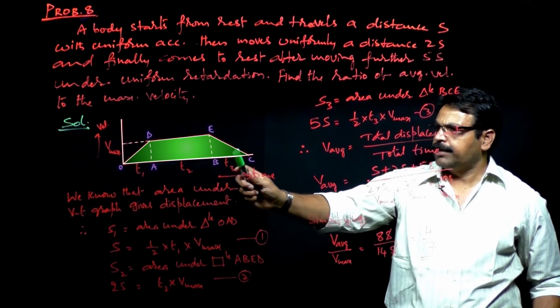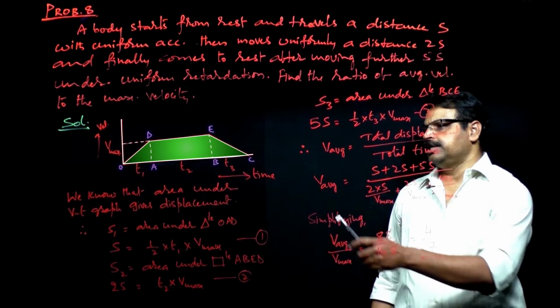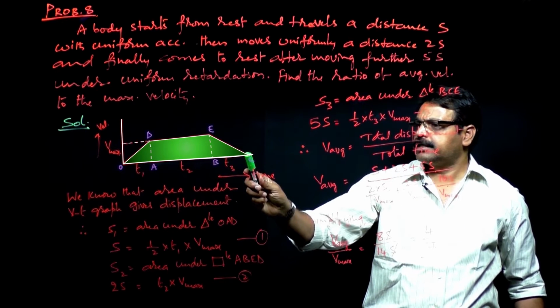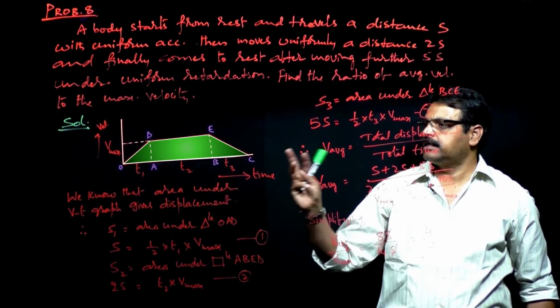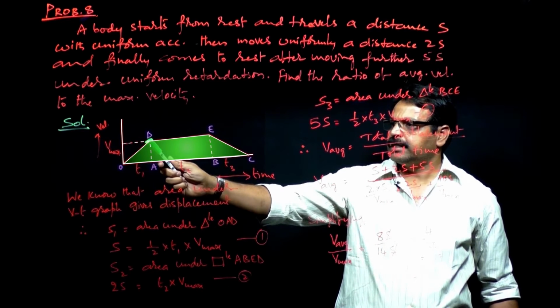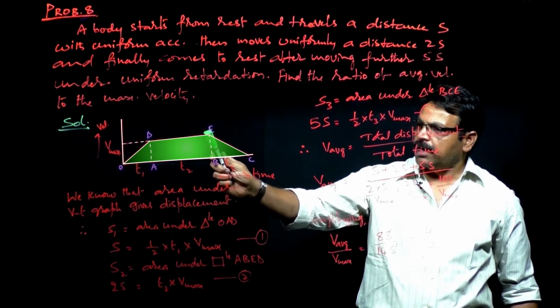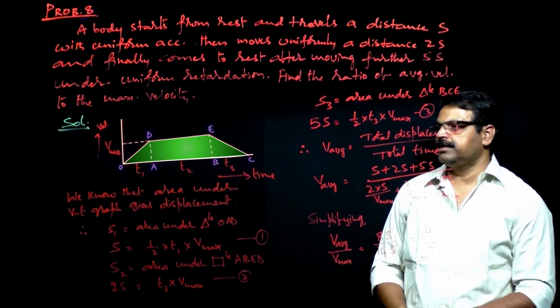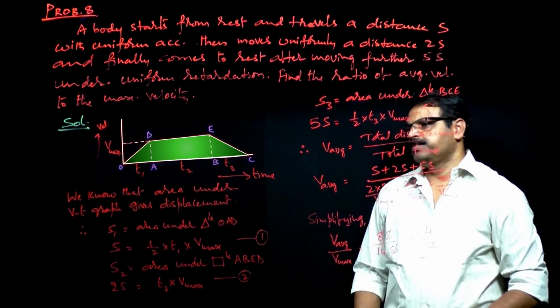Then again it comes down with uniform retardation. That means starting at rest and finally reaching rest. In between there are 3 intervals: in the first it is traveling with acceleration, in the second with uniform velocity, and in the third with uniform retardation.